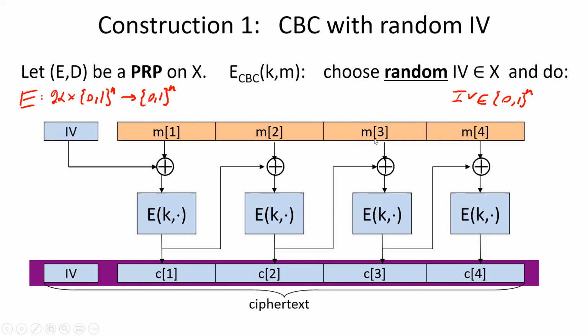But what if I wanted to save on bandwidth, and I just kept the last block of the ciphertext I outputted as the IV that I will use for the next message? This circuitry seems to basically be designed in this way. So maybe I could do this.